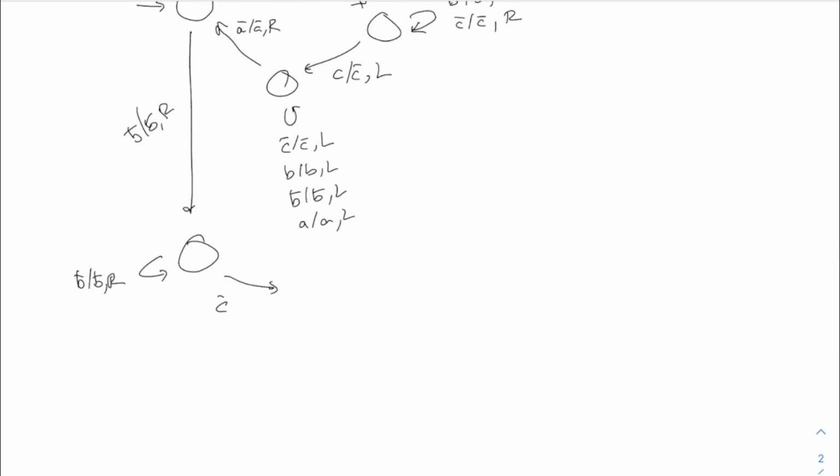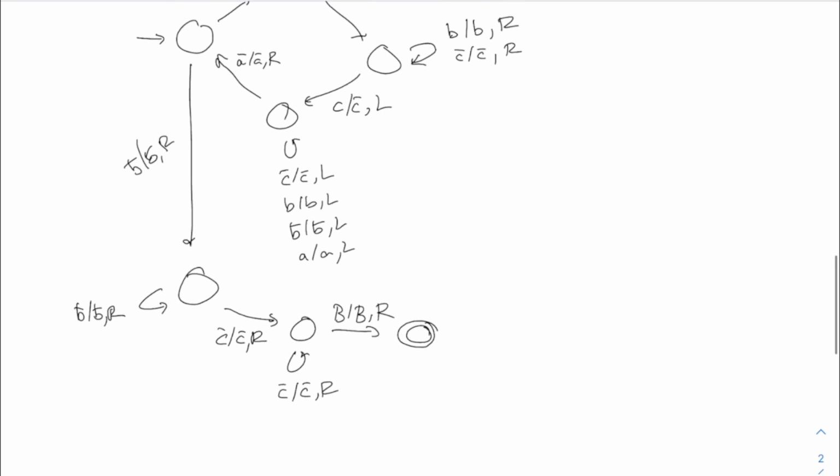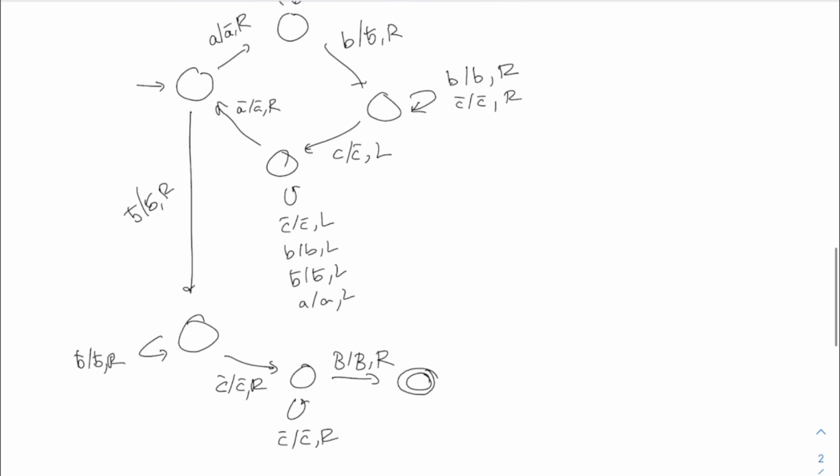That's like this, C bar, R, all C bars, and then finally I'll get to the end, which is a blank. All right, so this trail at the end is to verify that what remains on the tape is a whole block of B bars first, followed by a whole block of C bars, followed by nothing else.